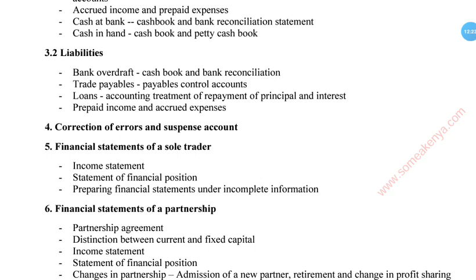So those are the two classifications of liabilities. So we shall have the bank overdraft, cash book and the bank reconciliation, trade payables, payables control account, loans, accounting treatment of repayment of principal and interest, prepaid income and accrued expenses.